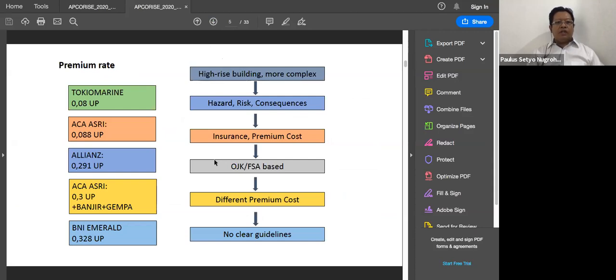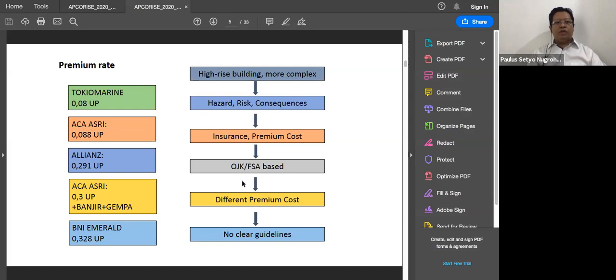High-rise buildings are developing very fast. This results in potential hazards and risks, including fires. Building owners anticipate it by insuring high-rise buildings. The building owner pays the fire insurance premium. In Indonesia, the cost guidelines are regulated by the FSA, the Financial Services Authority.